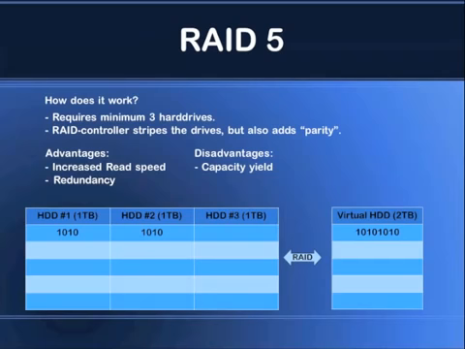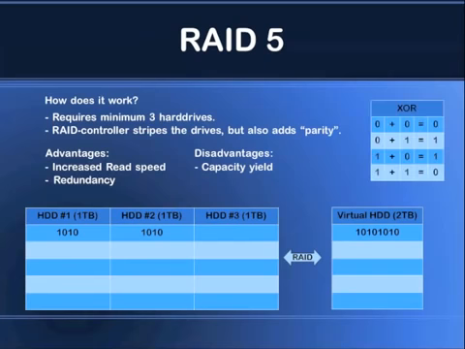It's because of the parity. When the RAID controller creates the parity bits, it uses a table called exclusive OR, and it will compare bits and output a parity bit as a result of the bits it compares. We're going to try to see how it works.